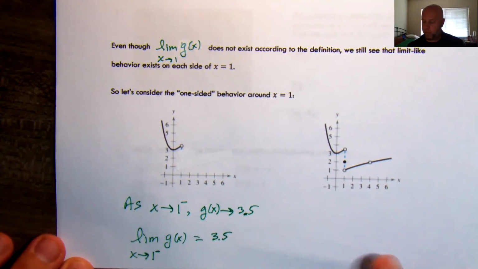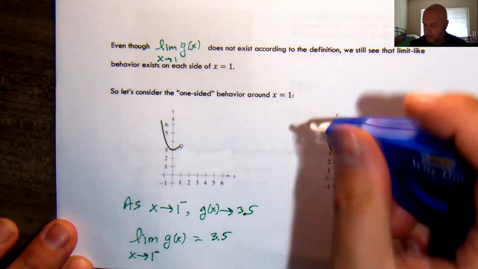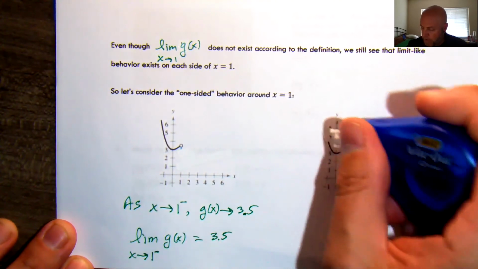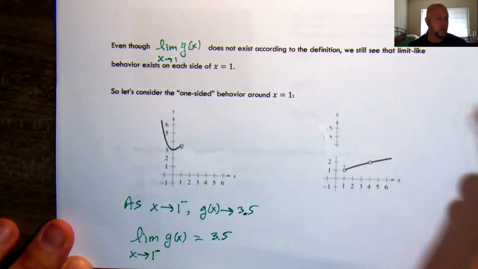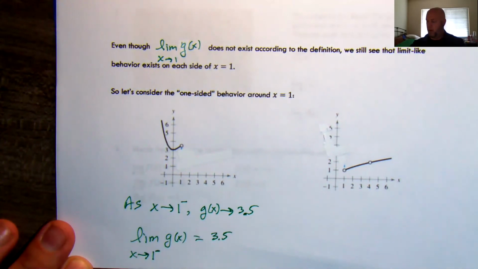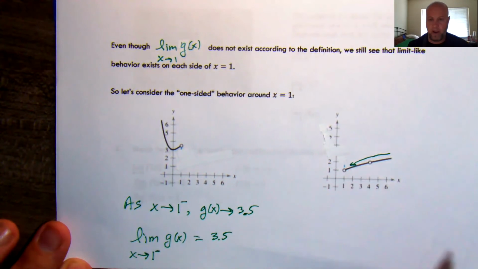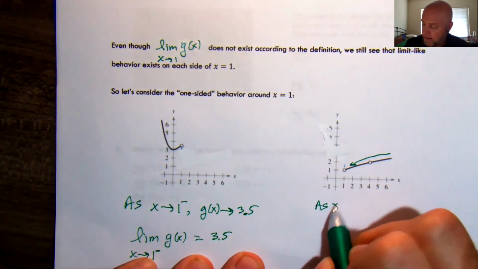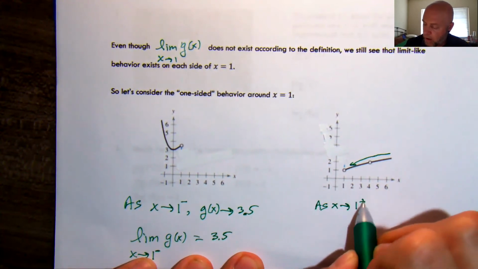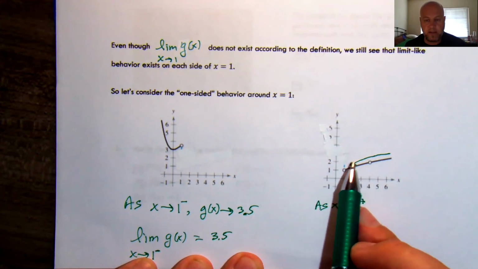And then over here on the other picture, let's consider what happens as we approach 1 from the right-hand side. So I'm going to get rid of this part of the graph. I don't really need to get rid of it. I just don't really want to be looking at it. So here we're looking at the approach in this direction from the right-hand side. And we can say that as x approaches 1, we'll use a plus sign to indicate we're approaching 1 from the right-hand side of 1.